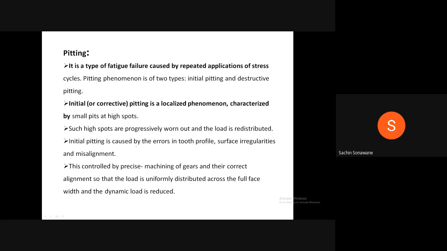Initial pitting is caused by errors in the tooth profile, surface irregularities, and misalignment. This can be controlled by precise machining of gears and their correct alignment so that the load is uniformly distributed across the full face width and the dynamic load is reduced.